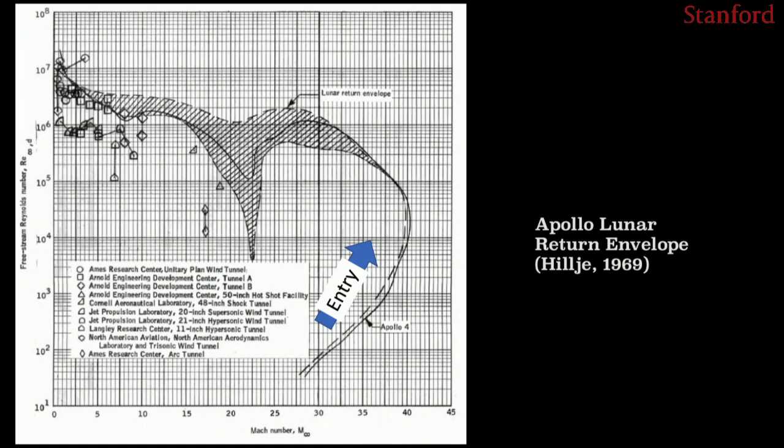The reason why that elbow is there, that you see an increment of the Mach number upon reentry, is because of the high temperatures in the thermosphere.